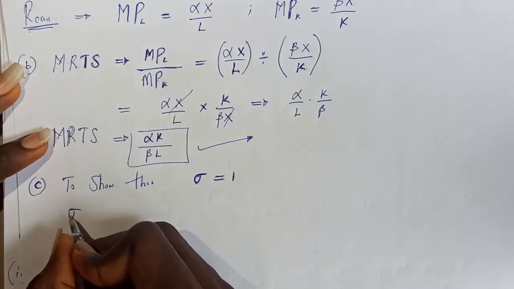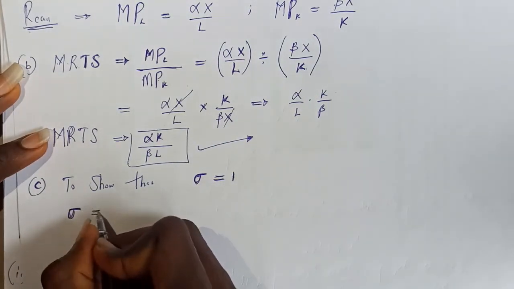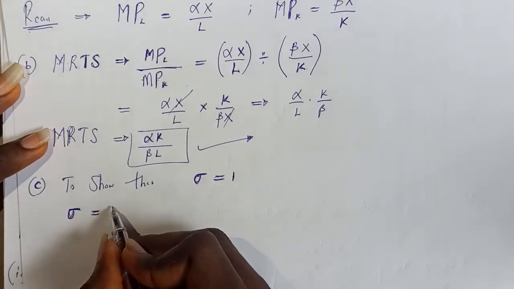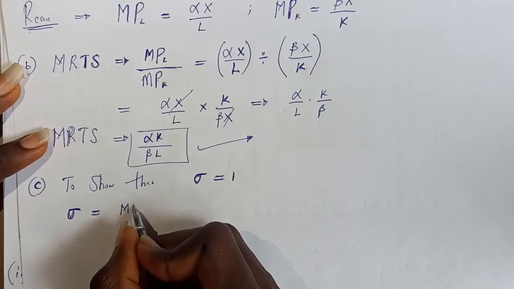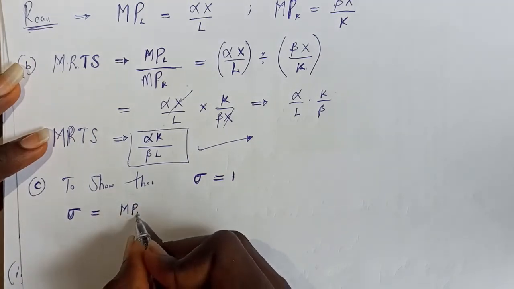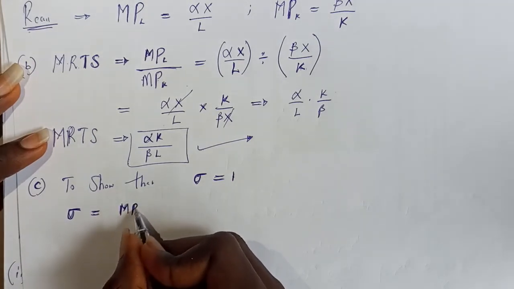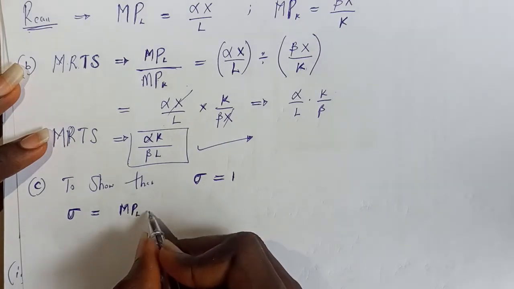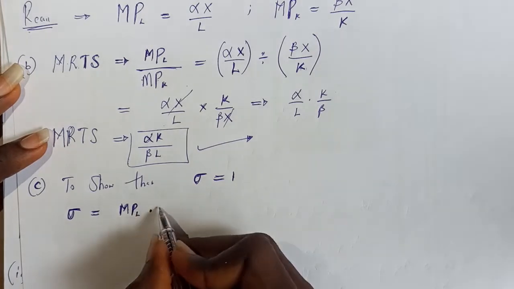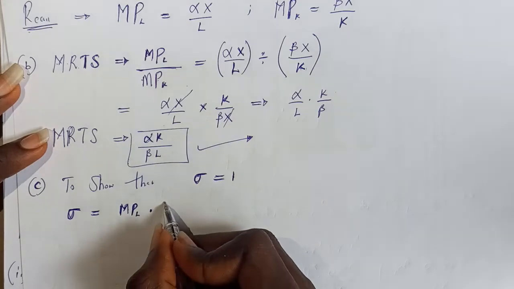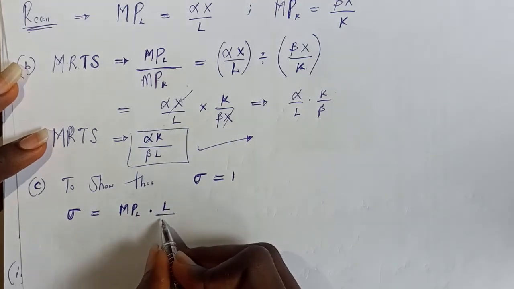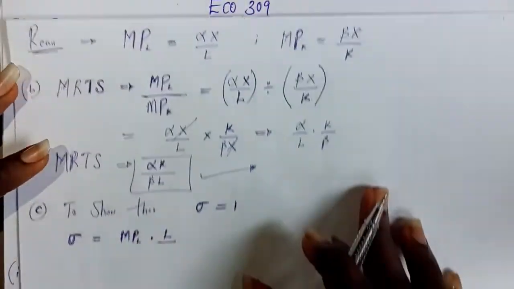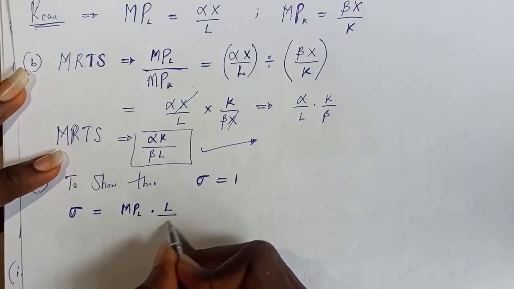This is sigma, right? It is equal to the marginal product of labor, then multiplied by L over the production function given to us, that is over x.